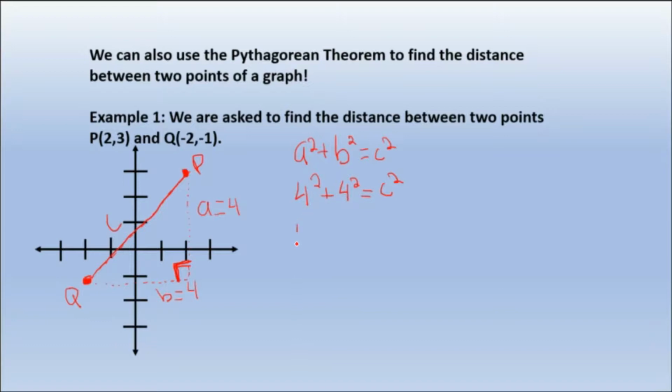So 4 squared is 16, plus 16 equals c squared. 16 plus 16 is 32, equals c squared. Lastly, we just have to take the square root of both sides. So we have c equals the square root of 32, which is approximately 5.65.